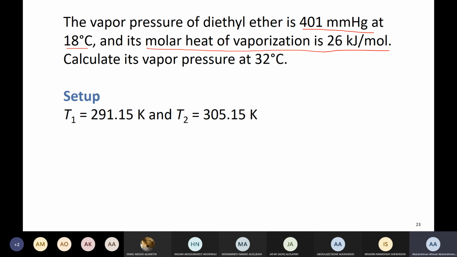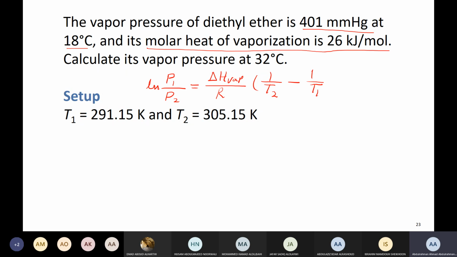What's the law that you're going to use? This is very important. There will be 100% one question in the final on this equation. ln of P1 over P2 equals delta H vaporization divided by R times (1 over T2 minus 1 over T1).